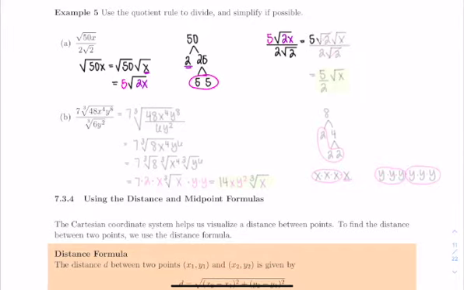So we have 5 times the square root of 2 times the square root of x all over 2 times the square root of 2. And so the square root of 2's are going to cancel. And we end up with 5/2 times the square root of x.